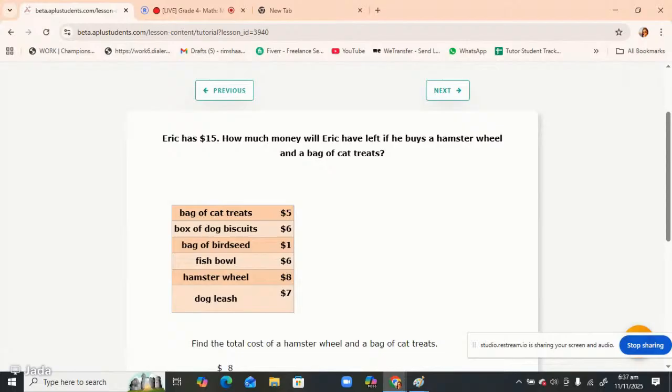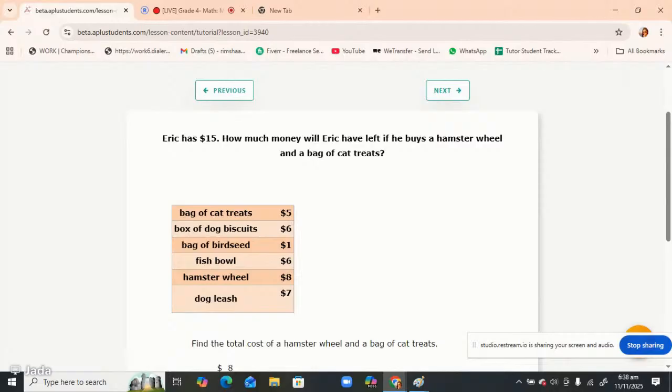Eric has $15. How much money will Eric have left if he buys a hamster wheel and a bag of cat treats? How much total? 15. Check it out. How much the hamster wheel?